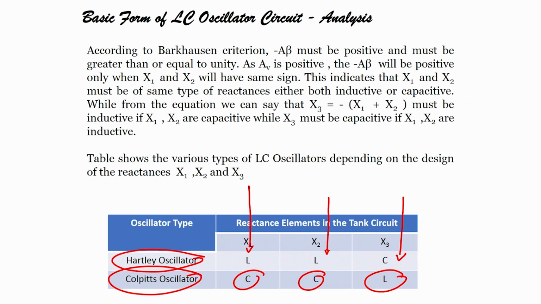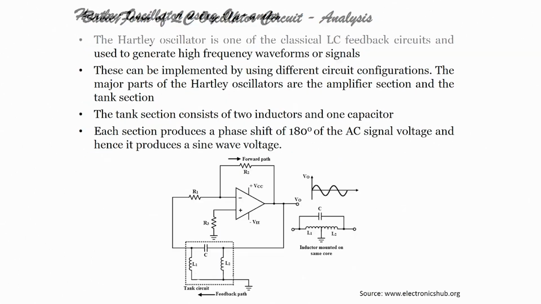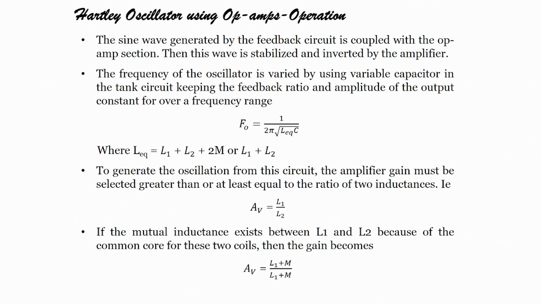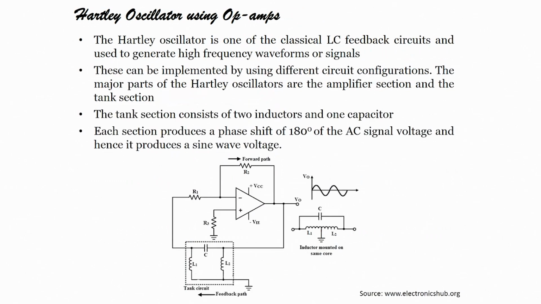So, depending on the reactive elements in the tank circuit, we can determine whether it is a Hartley oscillator or a Colpitts oscillator. Let us see the Hartley oscillator first, and then we will go to the Colpitts oscillator.